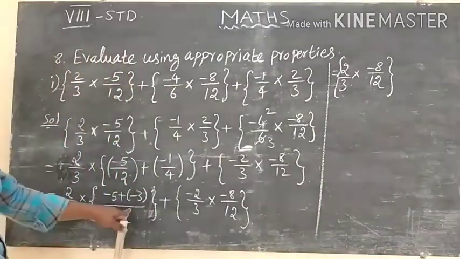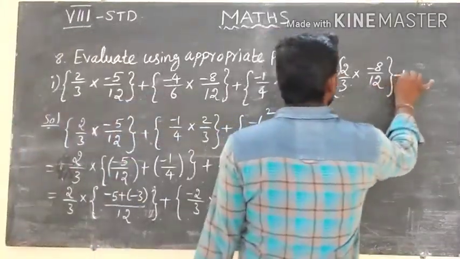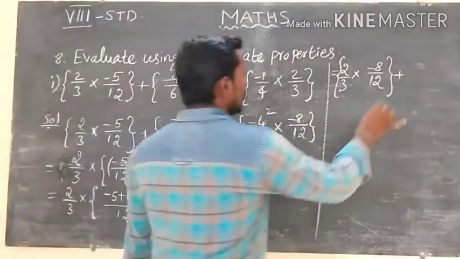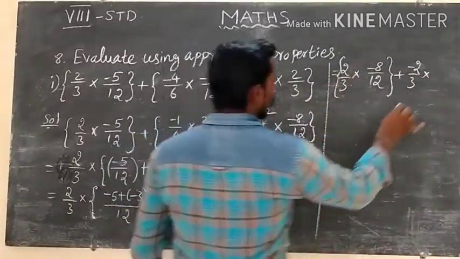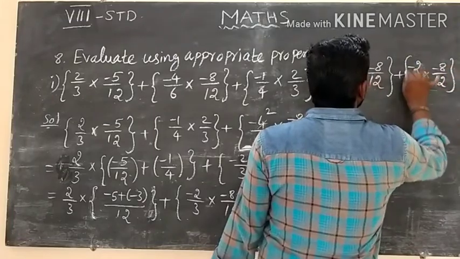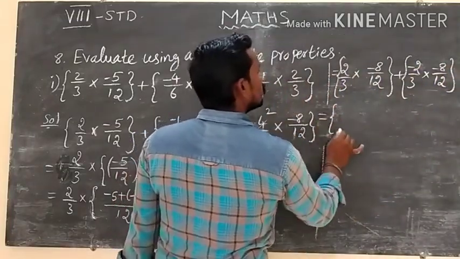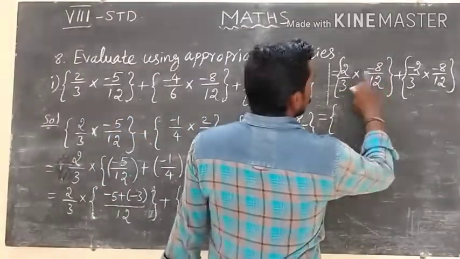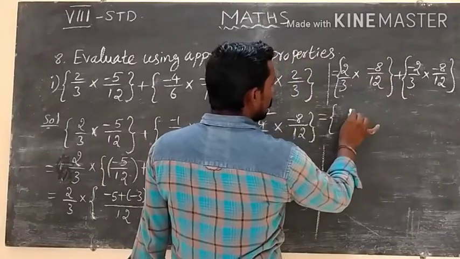Okay, I understood. This is next, plus minus 2 by 3 into minus 8 by 12, and it is equal to... compare both terms. First, how to multiply?